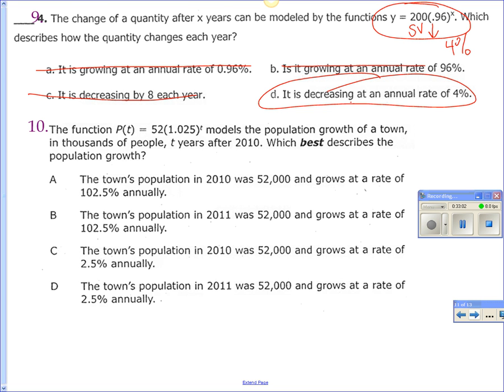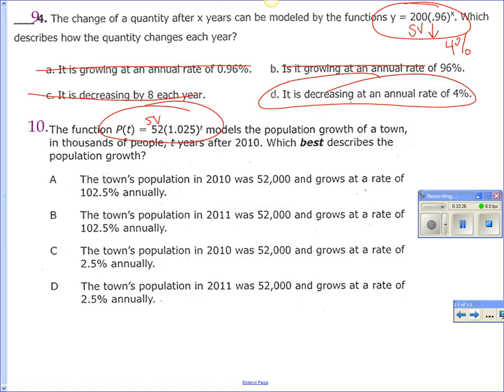Number 10, the function P of T equals 52(1.025)^T models the population growth of a town in thousands of people T years after 2010. Which best describes the population growth? All right, guys, so help me label it. Riley K, what would be my starting value? Guys, go ahead and label for me.